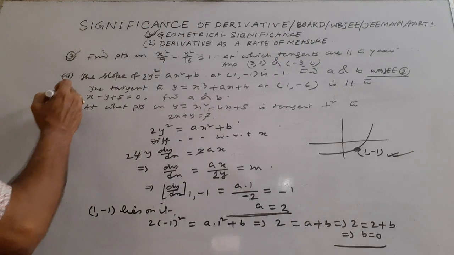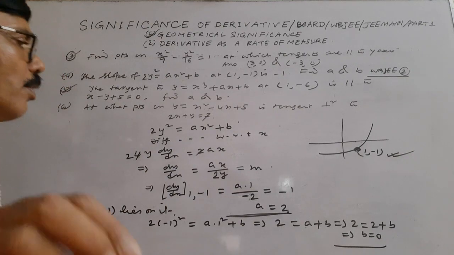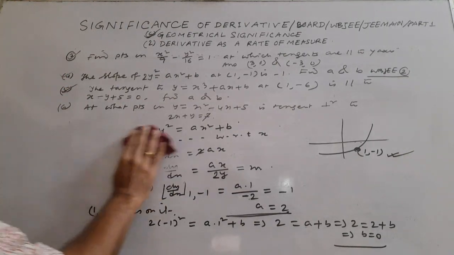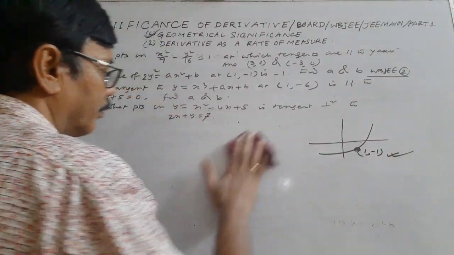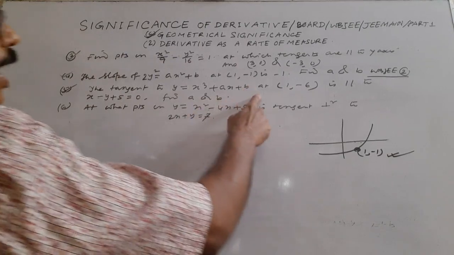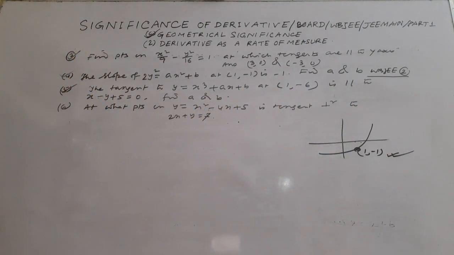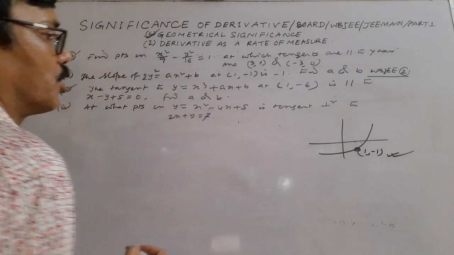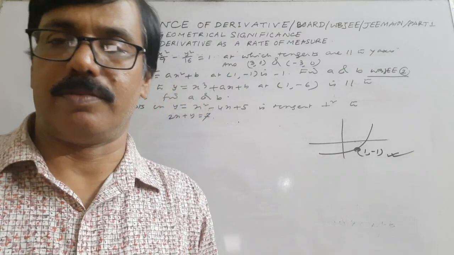Now problem number 5, the same type of problem. The tangent to the curve y equals x cube plus ax plus b at (1, -6) is parallel to x minus y plus 5 equals 0. So the tangent is parallel to the straight line.